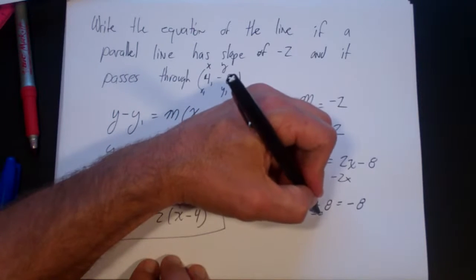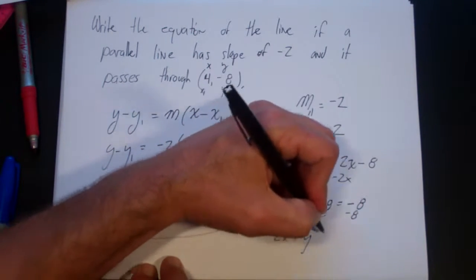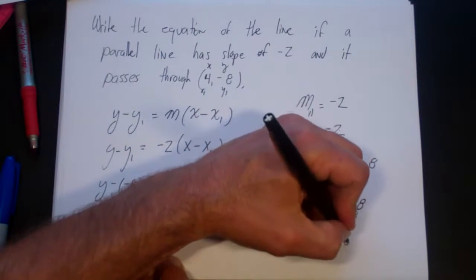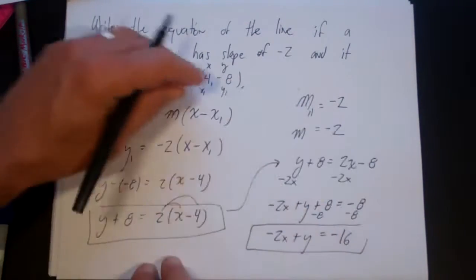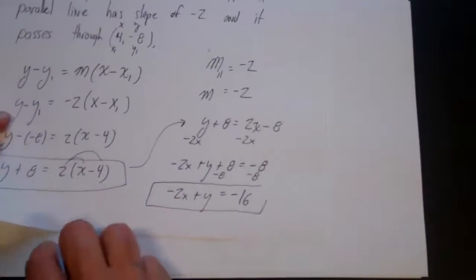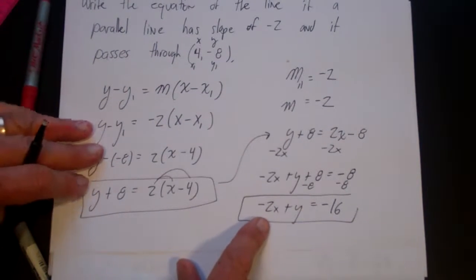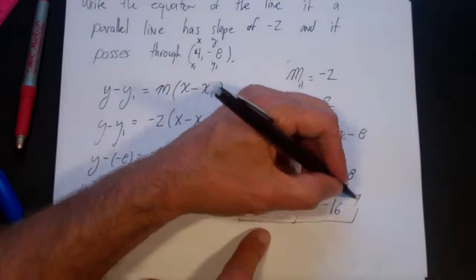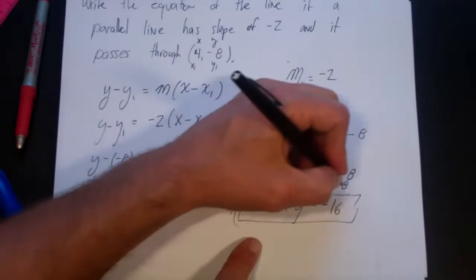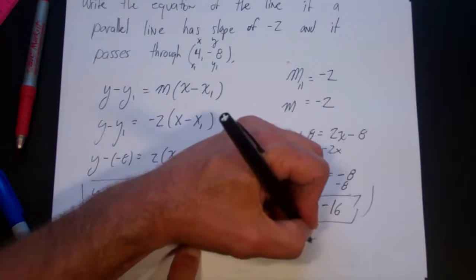Now I'm going to subtract 8 and subtract 8, and I get 2x plus y is equal to 0. A lot of people will think that that's a perfectly valid answer. Other people will say that you need to make sure that a is a positive number. If you want a to be a positive number, then multiply everything by minus 1, and your final answer will be 2x minus y is equal to 16.